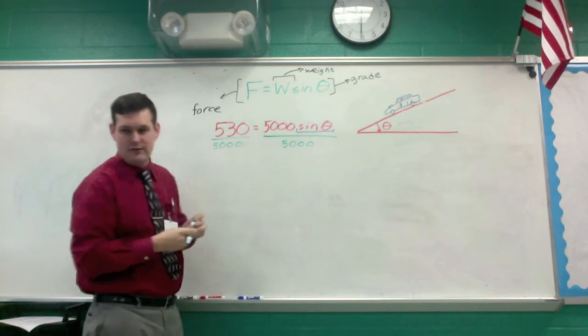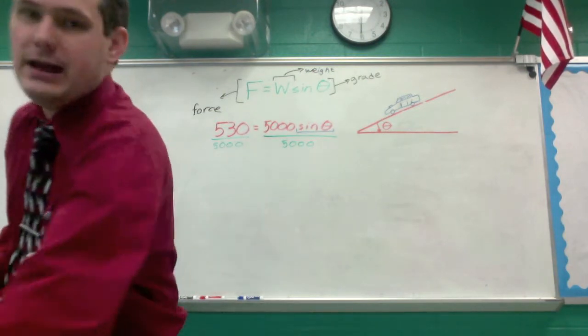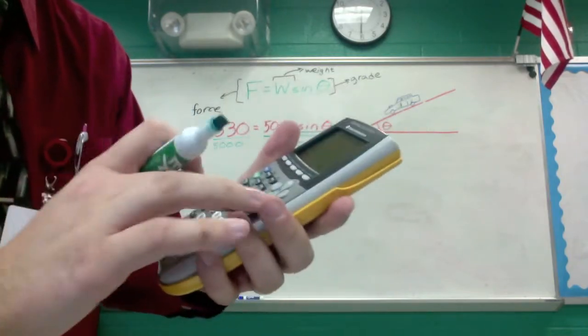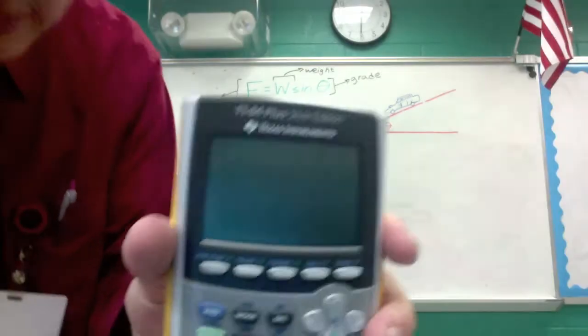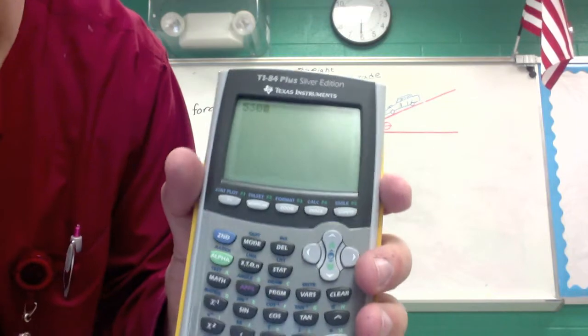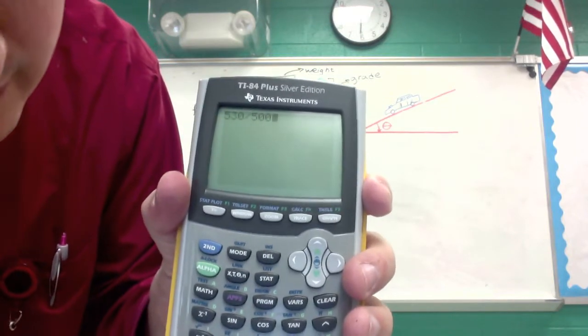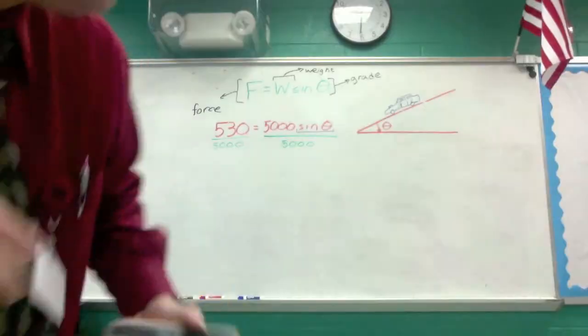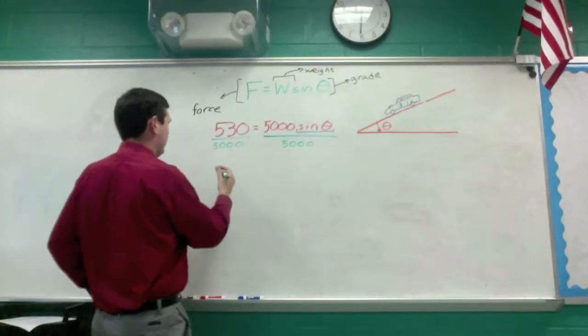Okay, 530 divided by 5,000, I don't know off the top of my head, so I put a calculator up. 530 divided by 5,000 is 0.106.